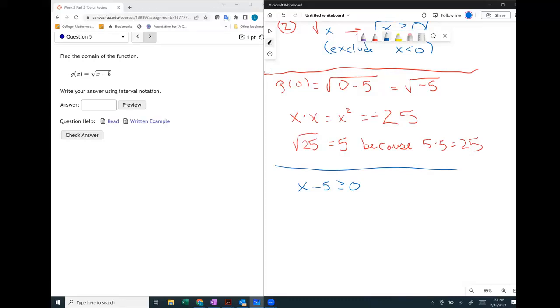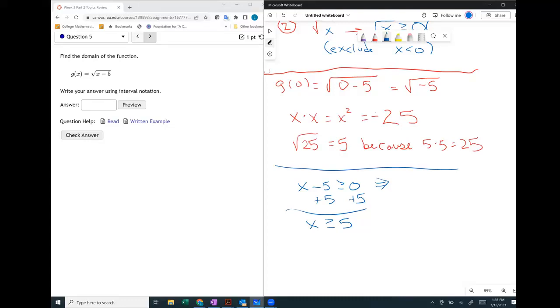What you have to really worry about is what's underneath the radical. The square root of 0 is 0, because 0 times 0 is 0. So I can make it be 0, and I can make it be any positive number. So now I just solve. If I add 5 to both sides, I get x is greater than or equal to 5.